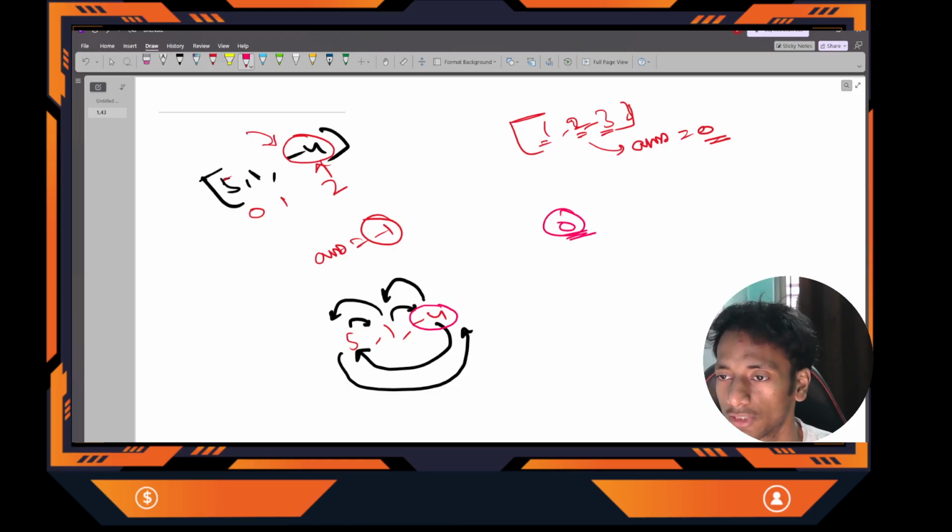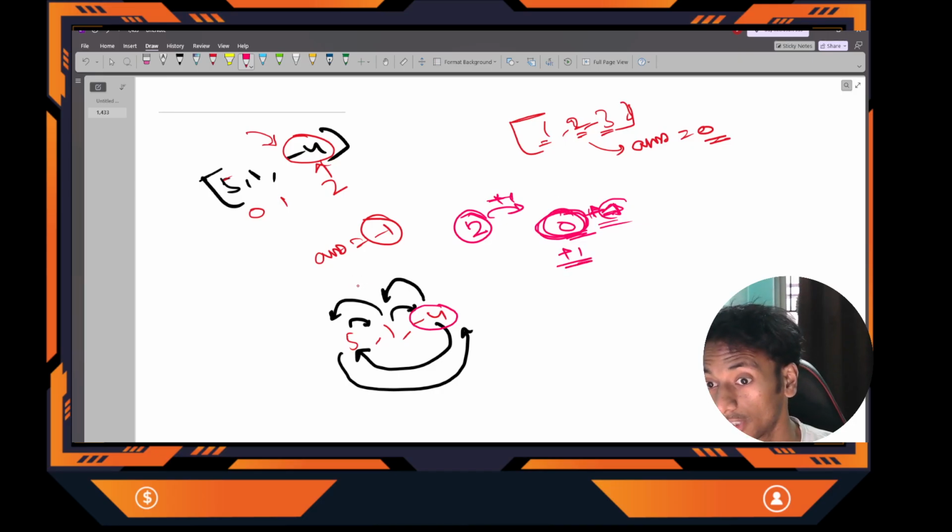That will give us the minimum number of operations, because if I want to achieve, say, +1, it requires more operations. For example, if the neighbor's balance is 2 and the current person's balance is 0, then to convert this to 1 I have to do one or more additional operations. That's why our target is to achieve 0.